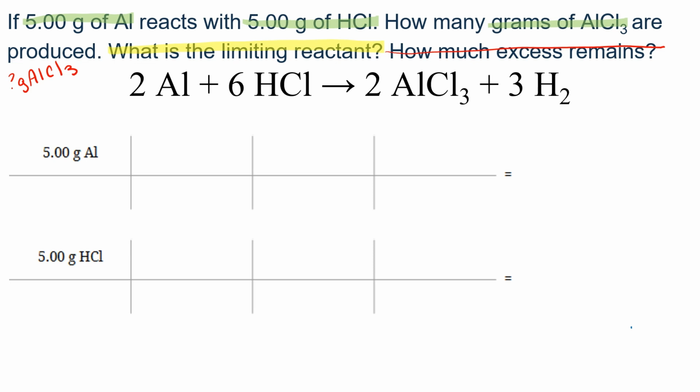So for my first reactant, I'm going to start with grams of aluminum. Whenever I have grams, I convert it to moles. So I'm going to go to moles of aluminum. To do this, I'm going to use molar mass.